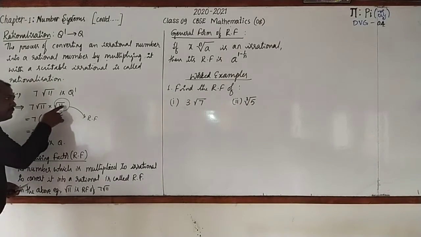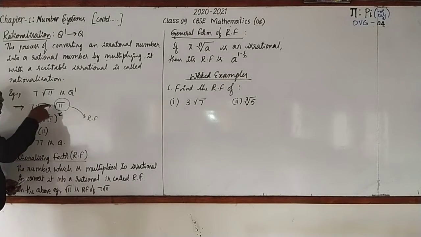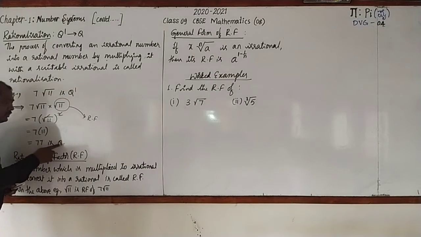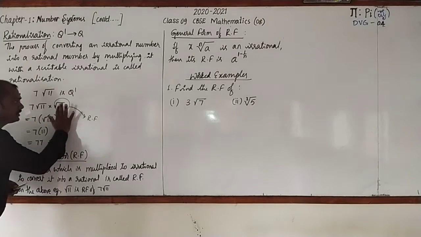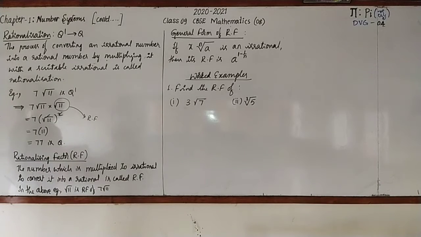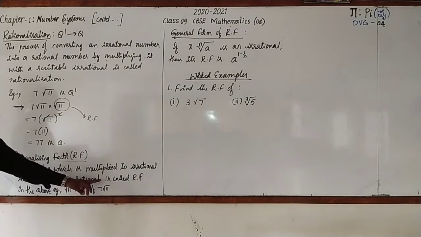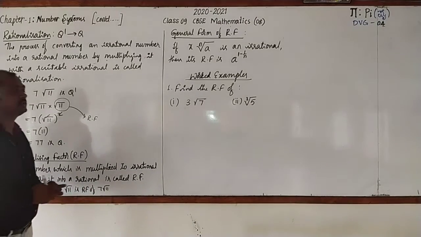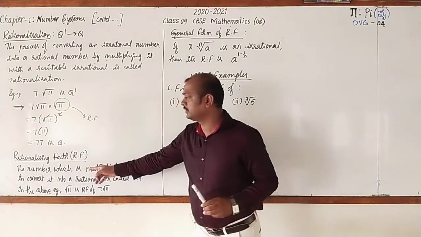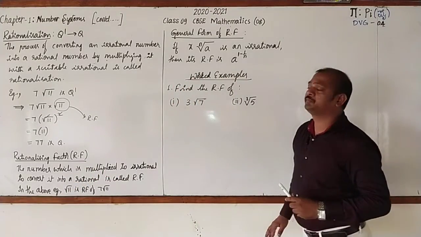See, this is the number we have multiplied with the given irrational to convert this into rational, and such a number is called rationalizing factor. Do remember, the number which is multiplied to the given irrational number to convert it into a rational is called rationalizing factor. I have written that definition as well.